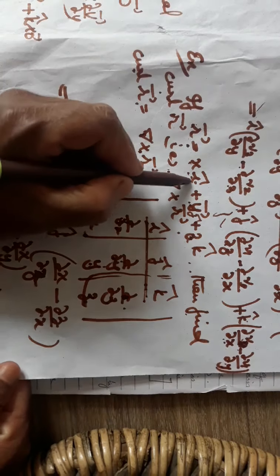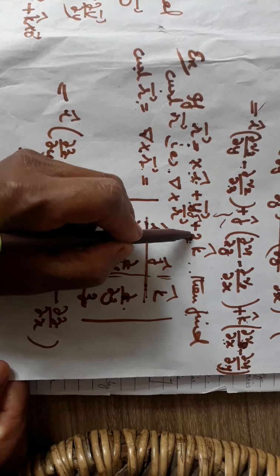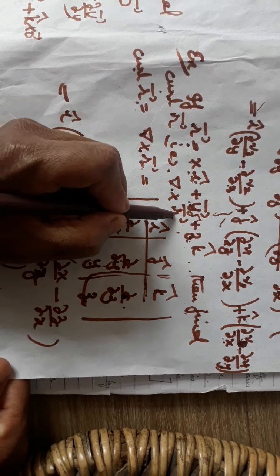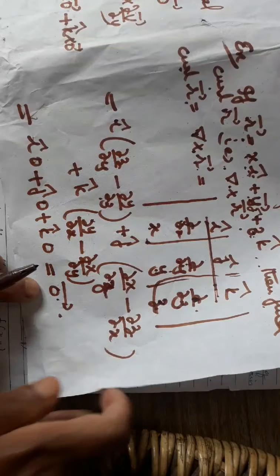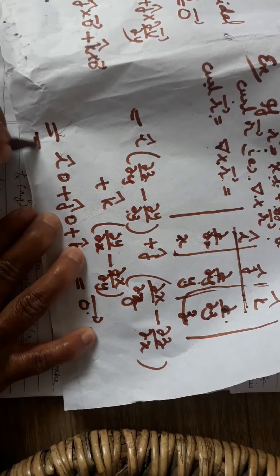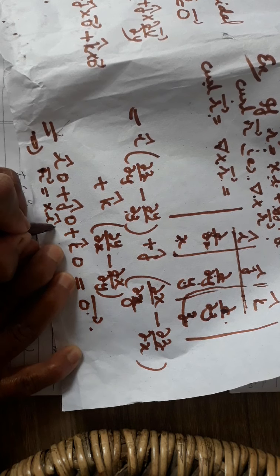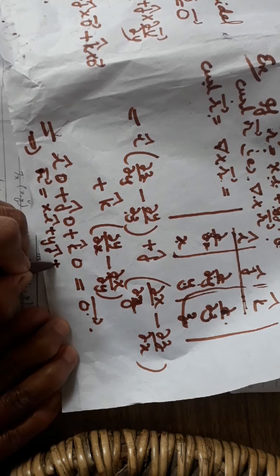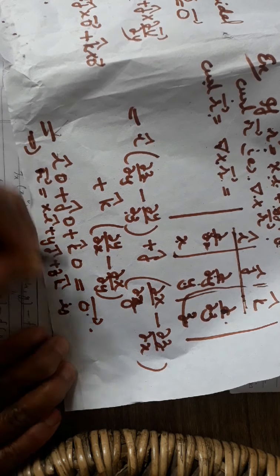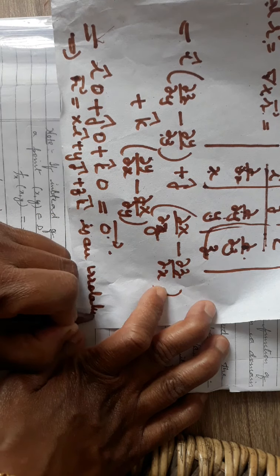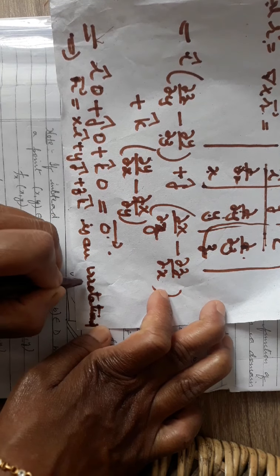Since you have r bar equal to xi plus yj plus zk and its curl, del cross r bar, gives you 0, this implies that vector r bar is an irrotational vector, because the curl of that vector gives you a zero vector. I hope it is clear to you.